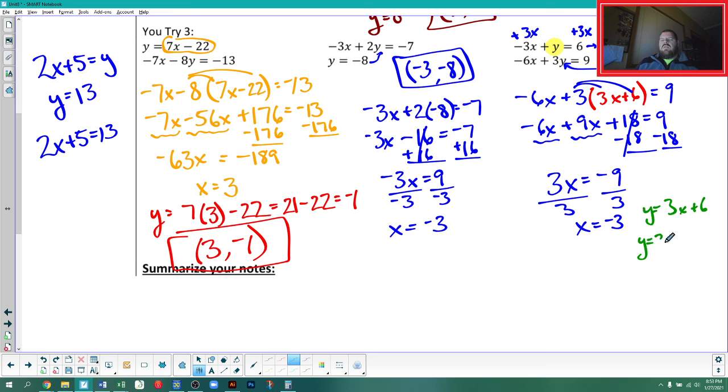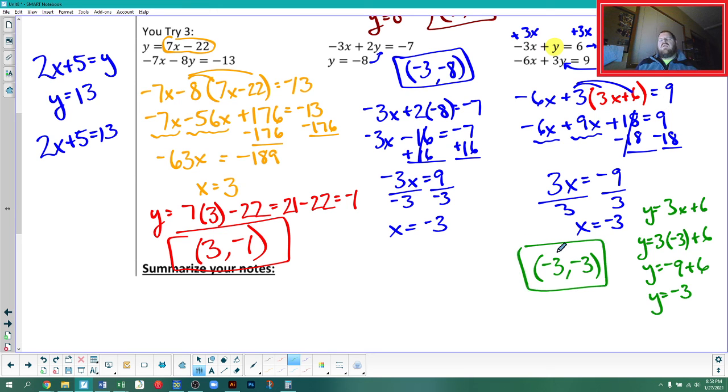So y equals 3 times negative 3 plus 6. And that's going to give me y equals negative 9 plus 6. And that kind of looks familiar as another negative 3. That's okay. They can meet at negative 3, negative 3. That's totally legal. So don't worry, thinking I got the same number twice, maybe something's wrong. No, that's good. That's your answer.